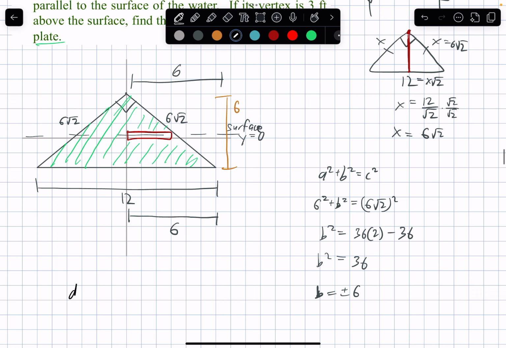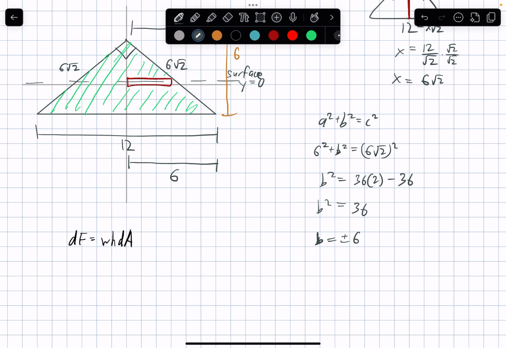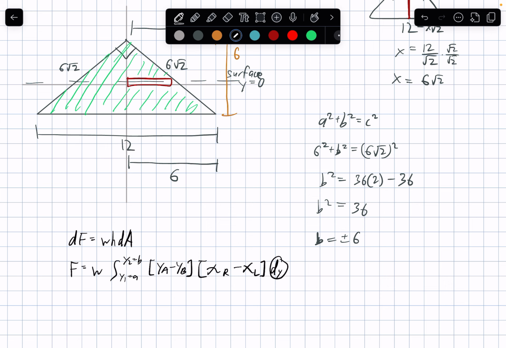We have this formula: dF is equal to WHDA, or WADA. It's kind of a pun. It helps you memorize. But this is the actual full formula: F is equal to the density times the integral, lower limit and then upper limit, times the height, which is y_A minus y_B, and then the width, dA, is the width times height, right? x sub r minus x sub l times dy. dy is the height.